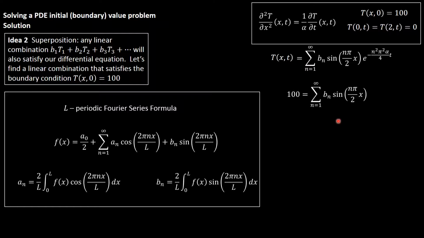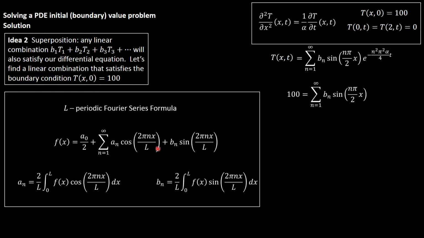But this is a Fourier series. What we have here is a Fourier series. It is the Fourier series for a function of period 4, because n pi over 2 is the same as 2 pi n over 4.